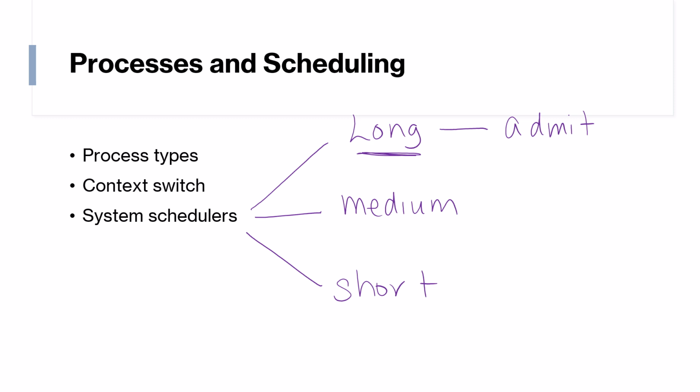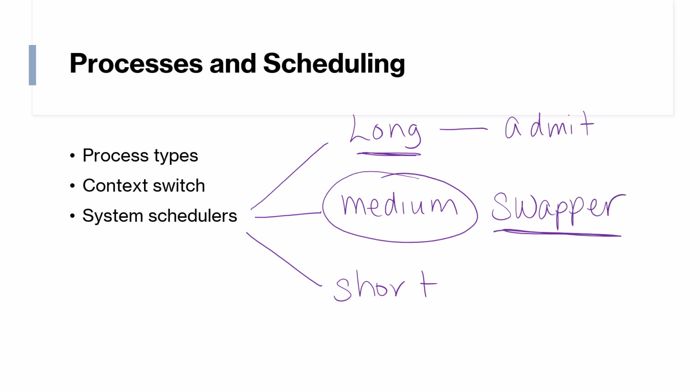Some operating systems have what's called a medium-term scheduler, also called a swapper. Sometimes there are processes that have been inactive or are just taking up space in memory, and the operating system may swap those out for other processes that get admitted.